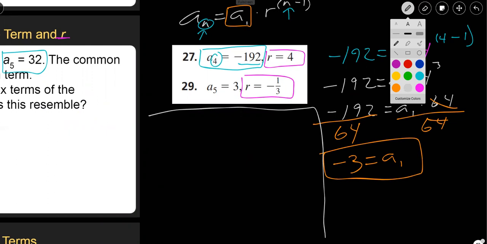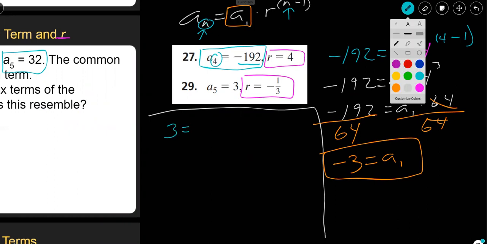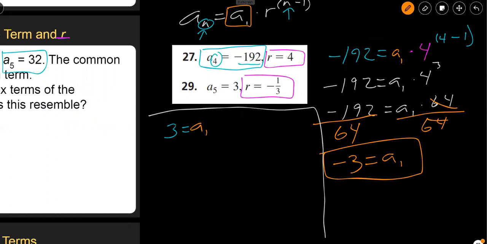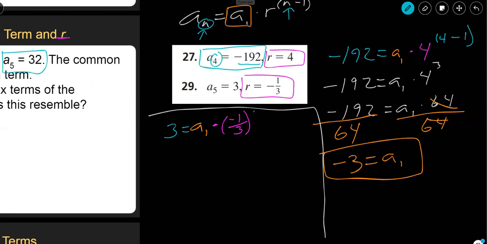So again, I don't know a1, but I definitely have a5. a5 is equal to 3, so it's going to be 3 equals a1, no clue yet, times my ratio. My ratio is negative 1/3. This is going to be a little bit funny. To the n, it's going to be 5 minus 1 power.